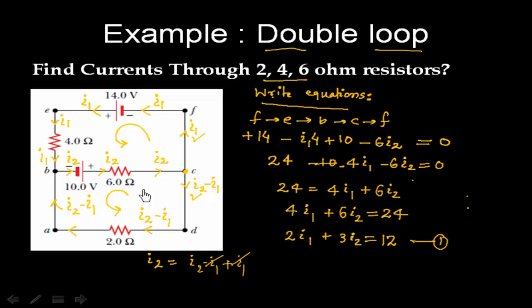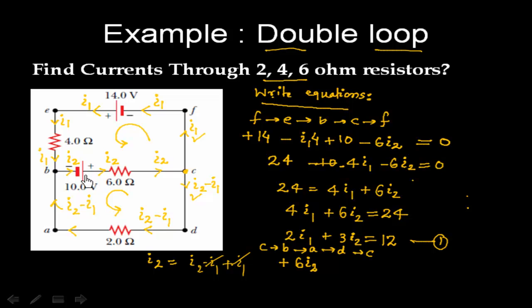The second equation we can get from this loop. Let us travel from C to B, B to A, A to D and then finally up to C. Current is in this direction and I am going in the opposite direction, so there is an increase in potential, and that is 6 times I2.